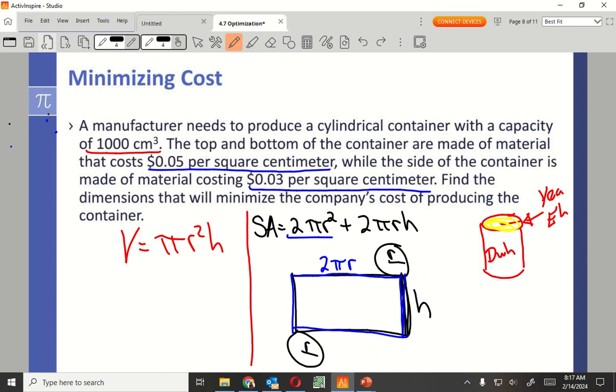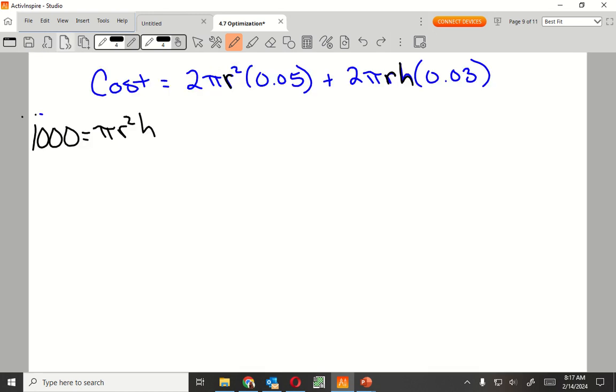Okay, so I'm trying to get this number, my 1,000, into my surface area formula, so I'm going to use this as a substitution. The easiest thing is to get rid of my h by dividing both sides by pi r squared.